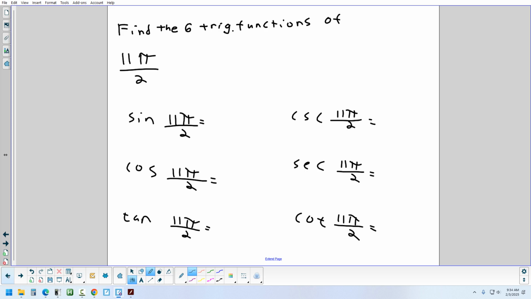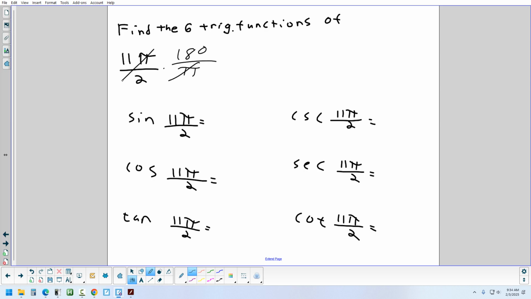Yeah, they've given me an angle. That's not what I need to do unit circle trig. I have to figure out the coordinate. So what could we do with that to help us start to figure out the coordinate? Yep. We could convert it into degrees by multiplying by 180 over pi.